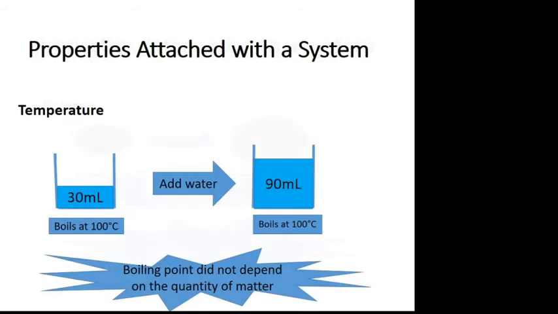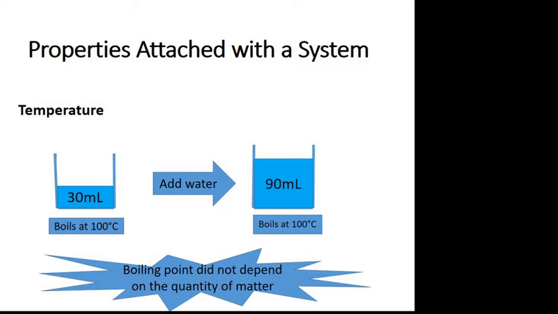Now you take the case of temperature. You take 30 ml water, increase the temperature, and at only 100 degree centigrade it will start converting to vapor. And you take in another vessel 90 ml of water, heat it, and only at 100 degree it will also boil.